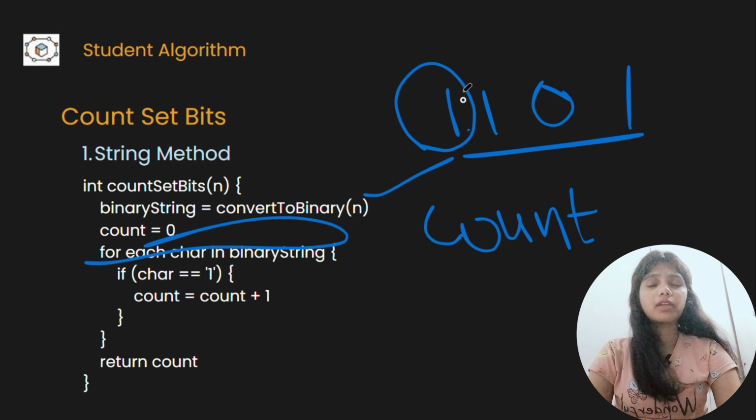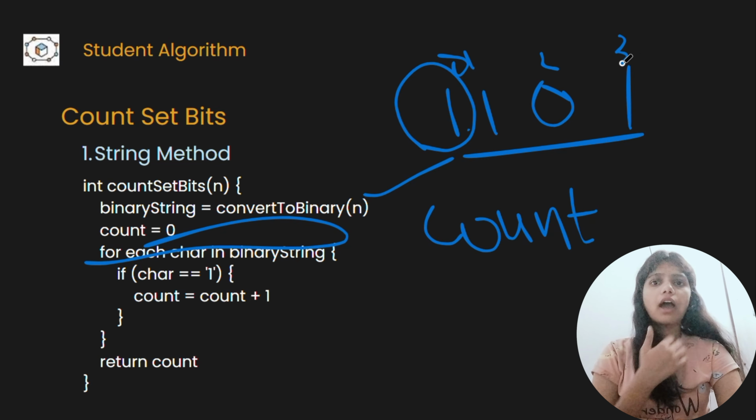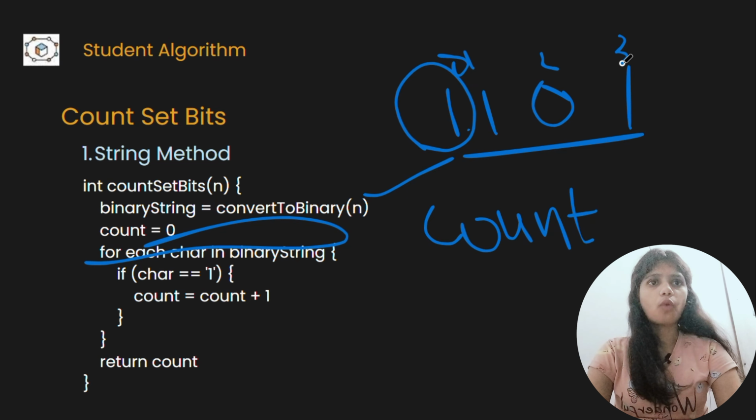It is in string form, that's why we index from left to right. If the character is 1, we increment the count. It is as simple as that. Try to code this, and then next we'll move to the bitwise operation.